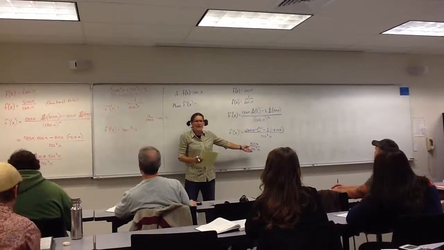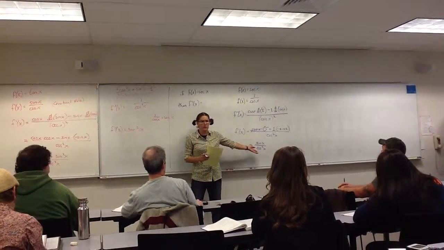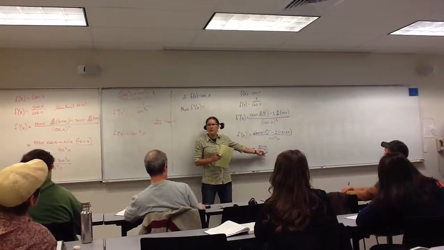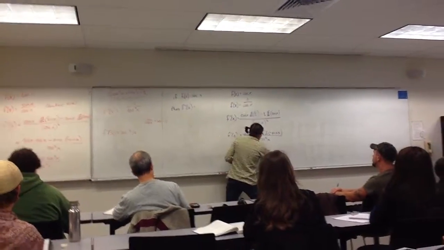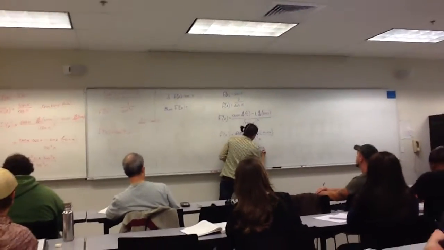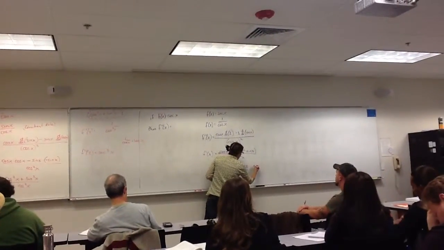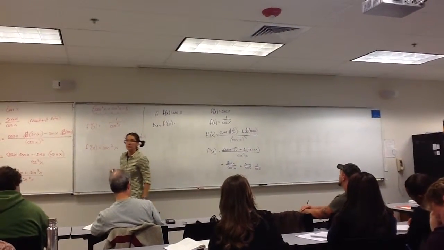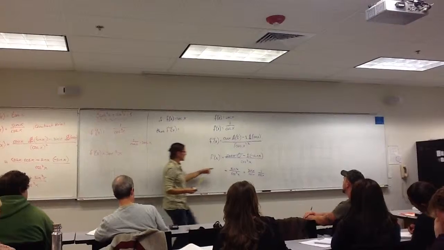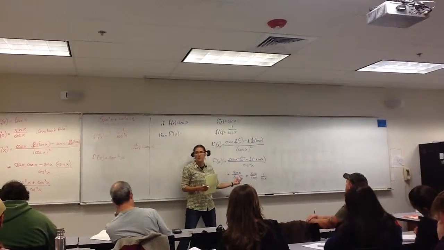All right, so this is a legitimate final answer. But I'm actually going to rewrite this in one more way. It's going to make it look nice and pretty. I'm going to rewrite this as sine x over cosine x times 1 over cosine x. If I multiply across the top and across the bottom, I get back sine x over cosine squared x.